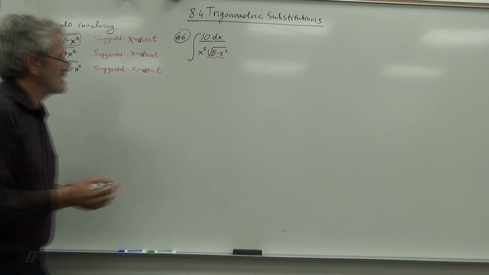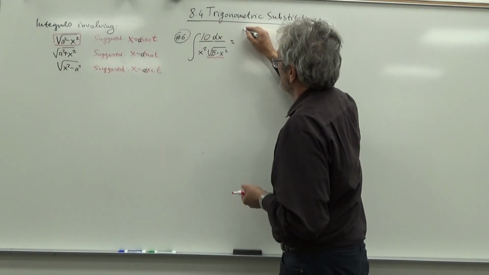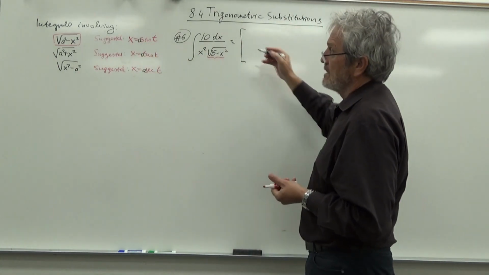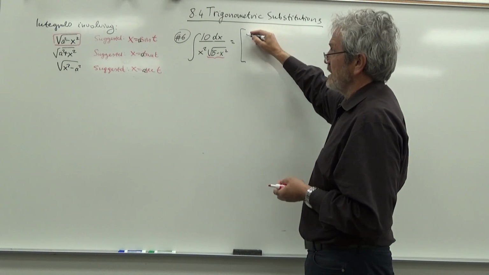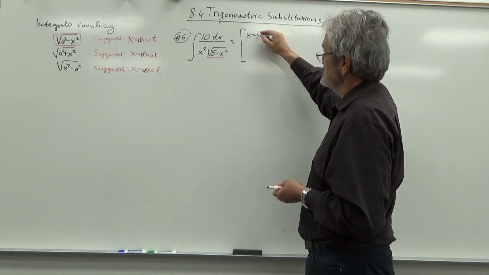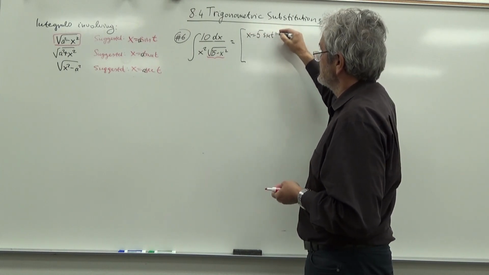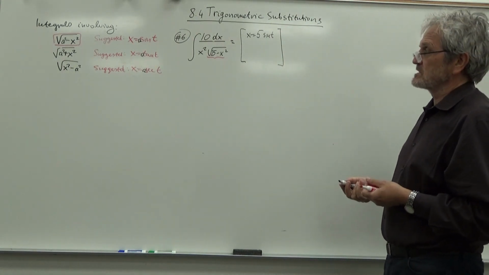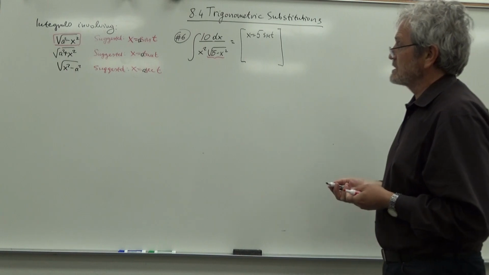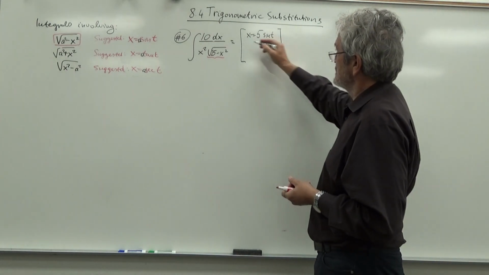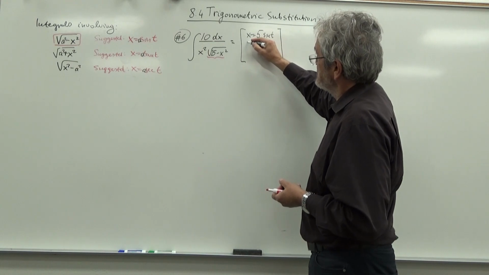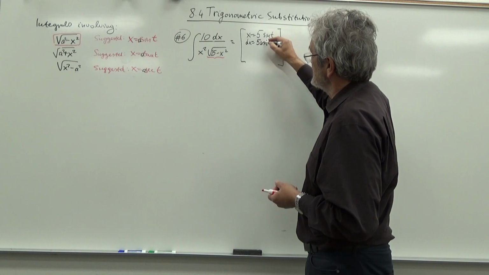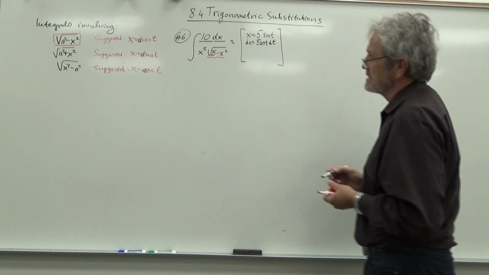So now when we have the rule, obviously we are here, 25 minus x squared. A squared is 25, so a is 5. So our substitution is x equals 5 sine t. And now from our calculation, you will see why that is convenient. We'll do dx first. So dx is 5 cosine t dt, which is convenient.